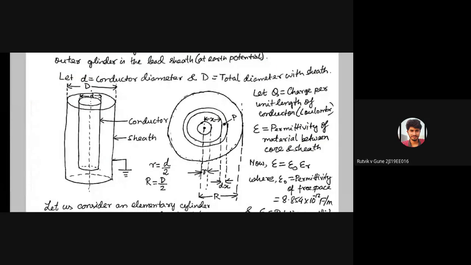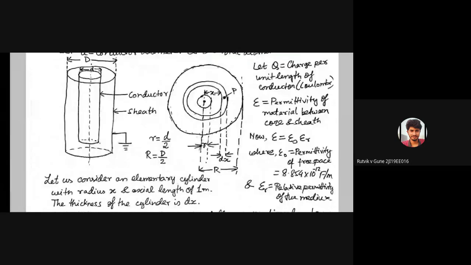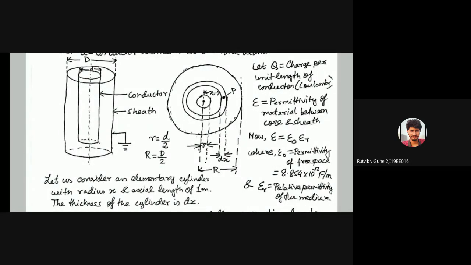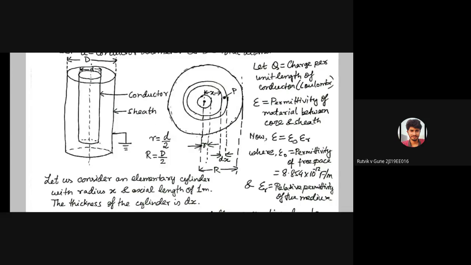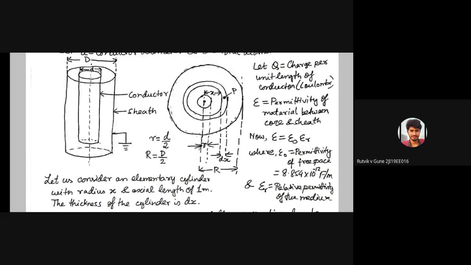Q is the charge per unit length, and the permittivity of the material between the core and the sheath, that is, between the inner diameter and outer diameter, is represented by the symbol epsilon. Epsilon is the product of epsilon naught and epsilon r, which is the total permittivity of the material.